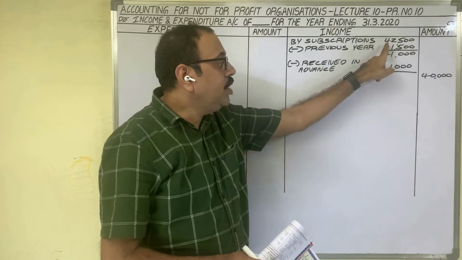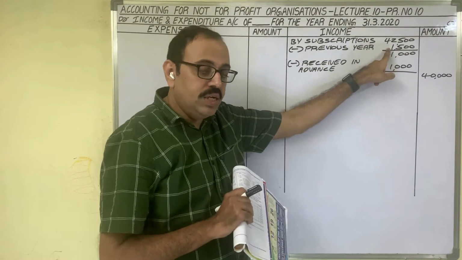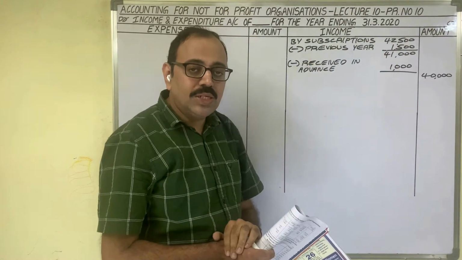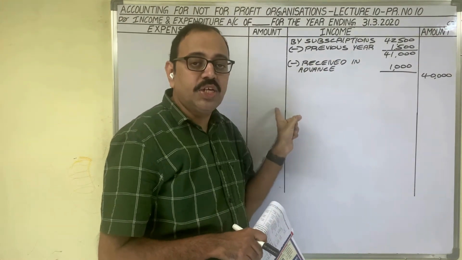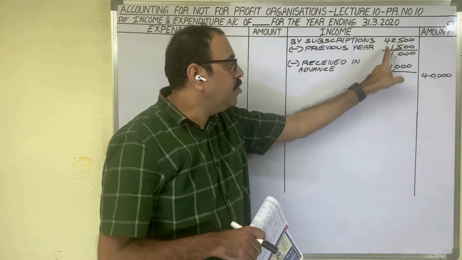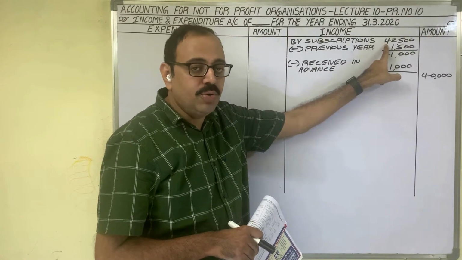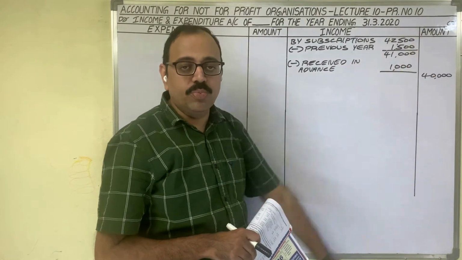But in that 42,500, 1500 income belongs to last year, 1000 rupees income belongs to next year. So these two amounts we should not consider while preparing income and expenditure account. Therefore, these two amounts we have subtracted from this current year received amount 42,500. So the income for current year is 40,000 rupees only.